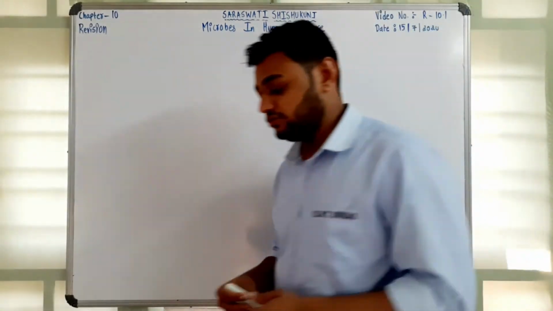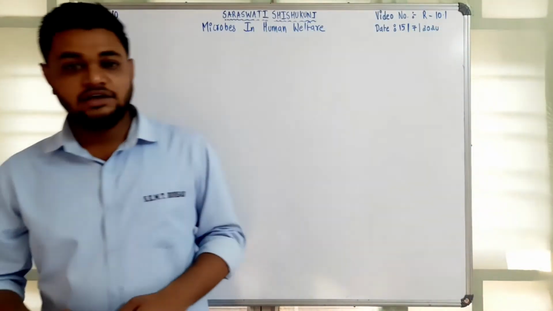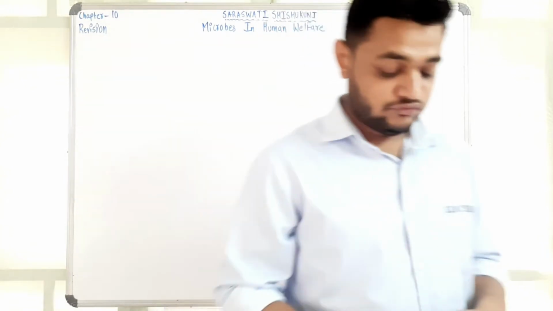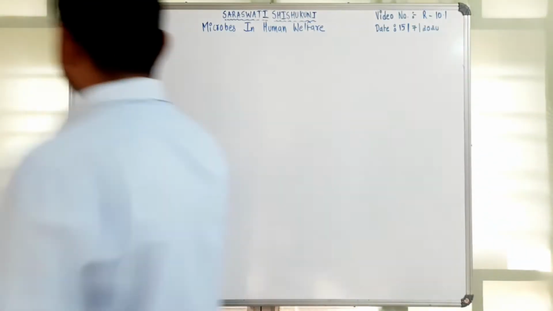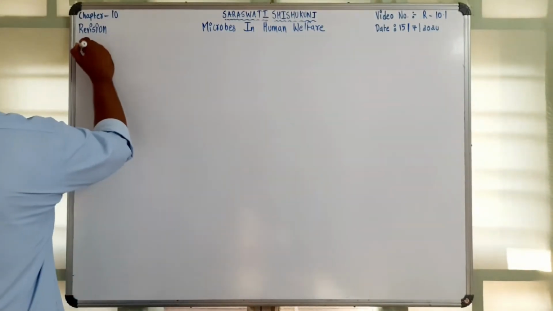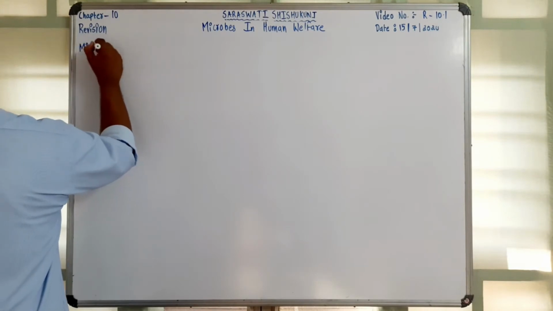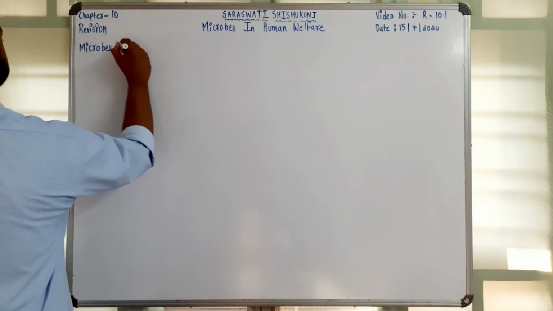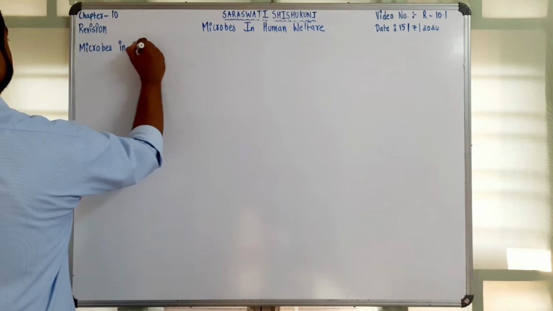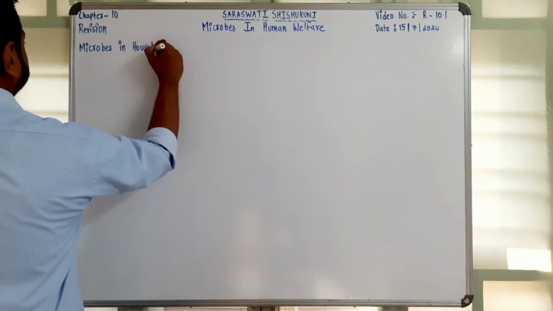Now today we are going to revise chapter number 10. The first topic is microbes in household products. You are familiar with this chapter.